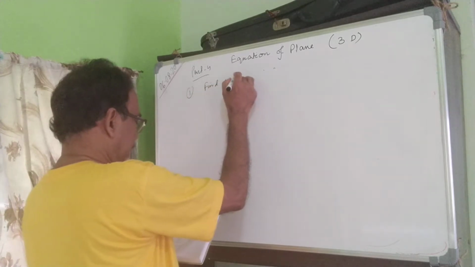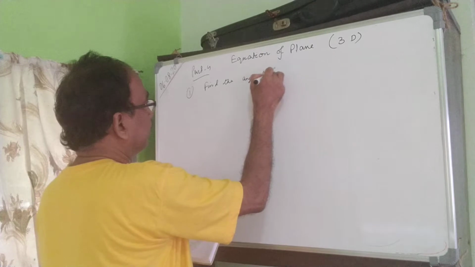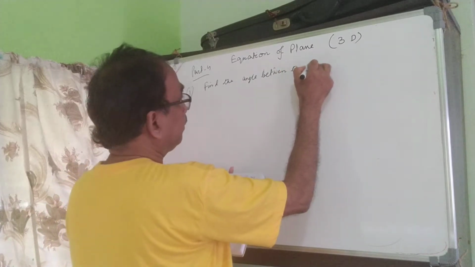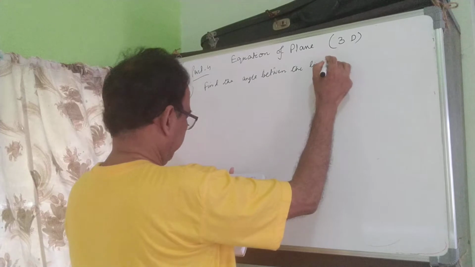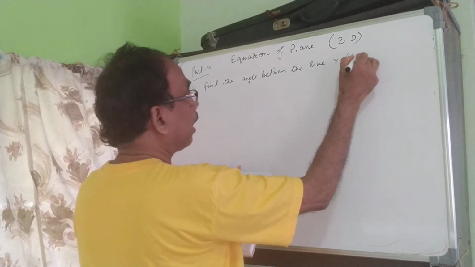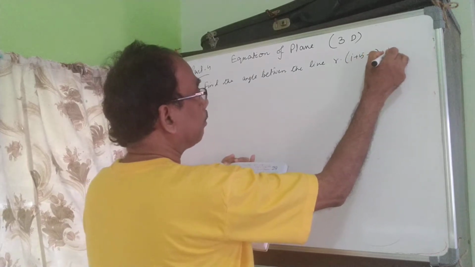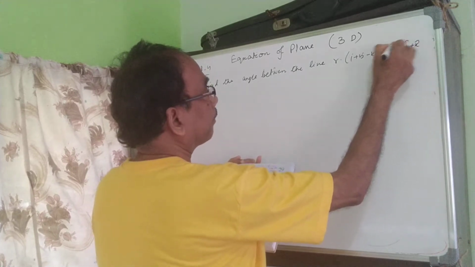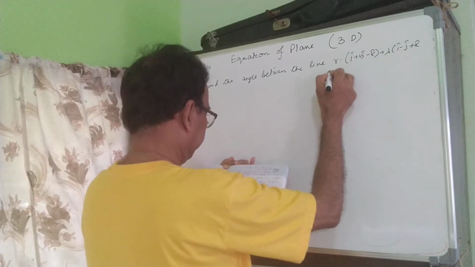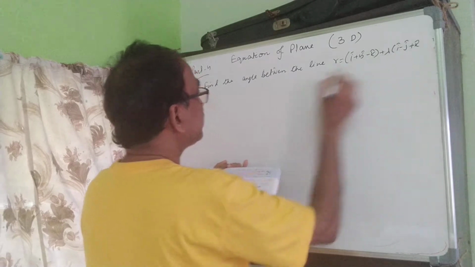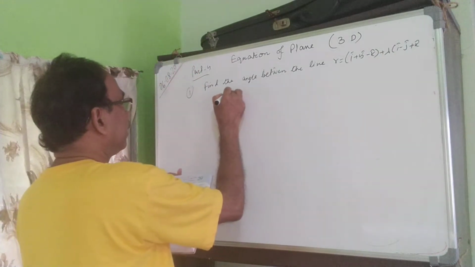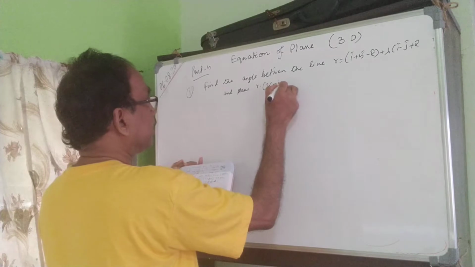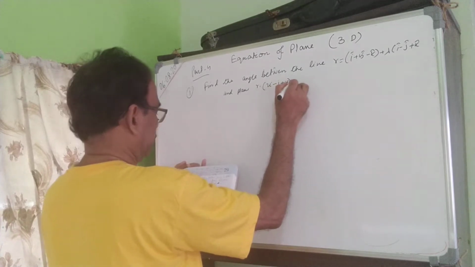Find the angle between the line r equals i plus 2j minus k plus lambda times i minus j plus k, this is the vector equation of a straight line, and the plane r dot 2i minus j plus k equals 4.